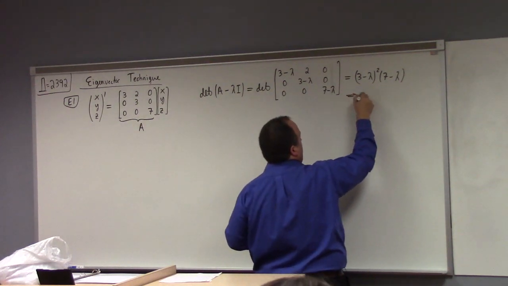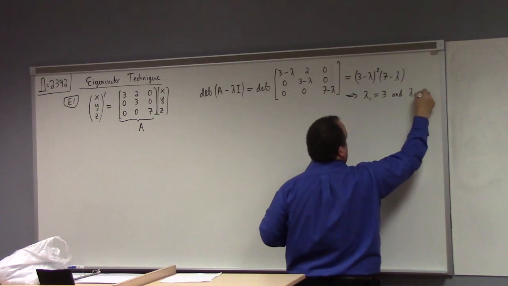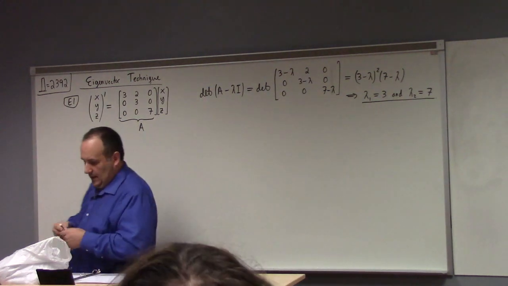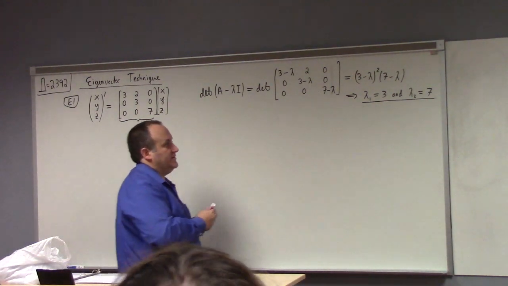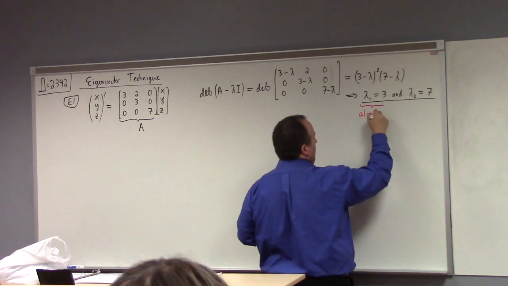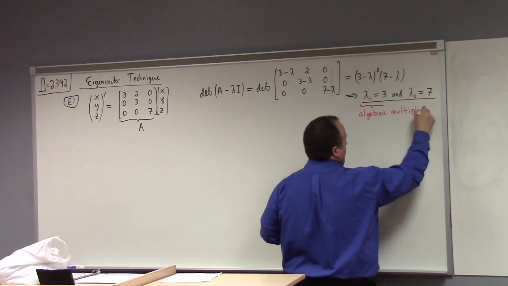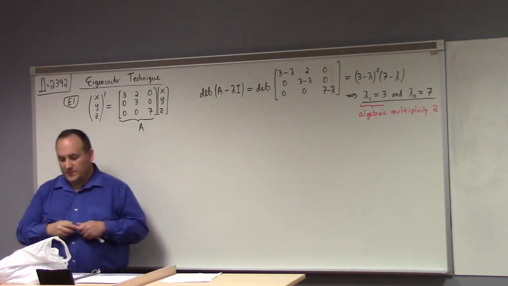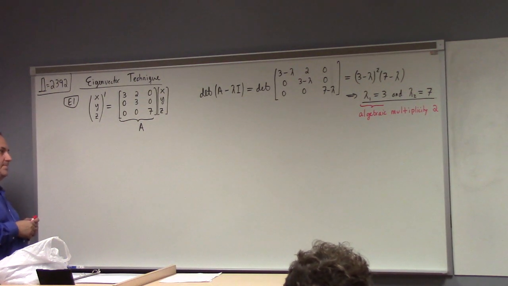Therefore lambda 1 equals 3, and lambda 2 equals 7. Let me introduce a concept here, the algebraic multiplicity. Lambda 1 has algebraic multiplicity 2. The algebraic multiplicity refers to how many times the root is repeated in the characteristic polynomial, if it is at all.